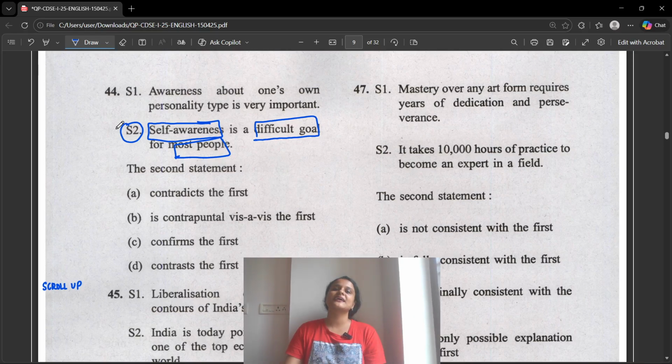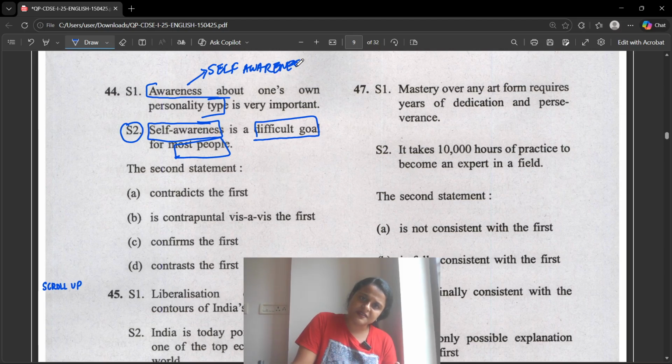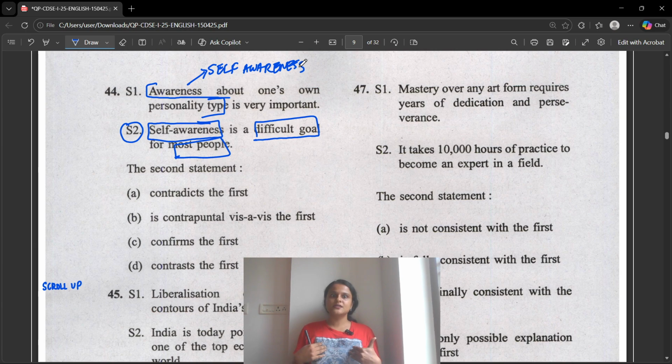Well, see, this is where I tell you to rephrase. Don't confuse yourself. Awareness of one's own personality type. What do you mean by that? In other words, self-awareness, right? Let me even write it like that, that's nothing but self-awareness. Awareness about one's own personality just means self-awareness.